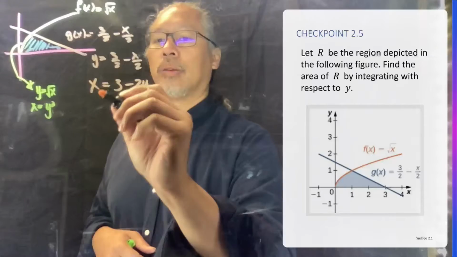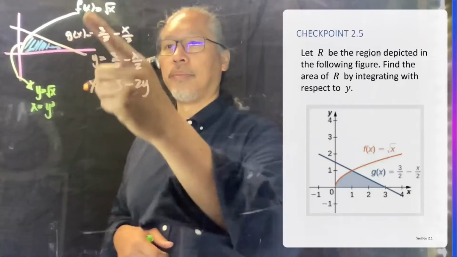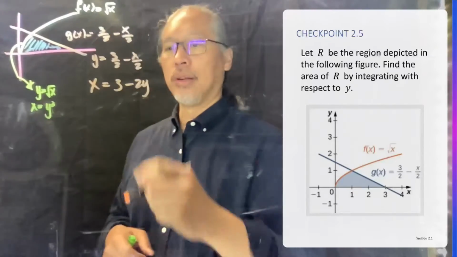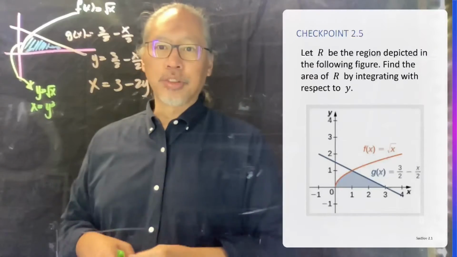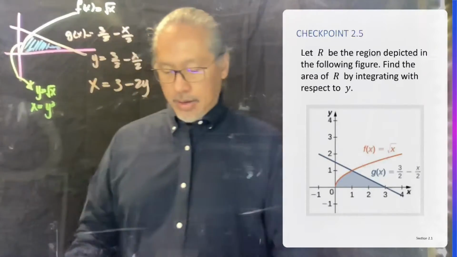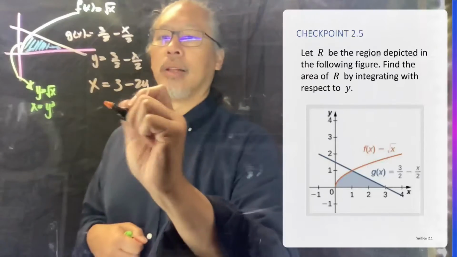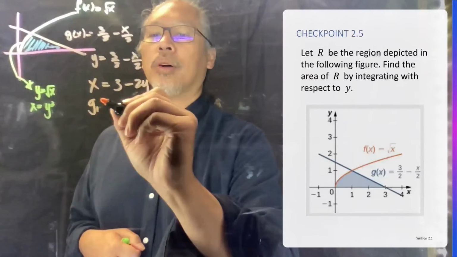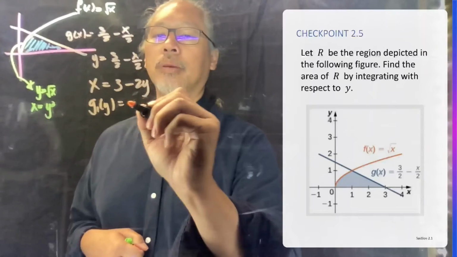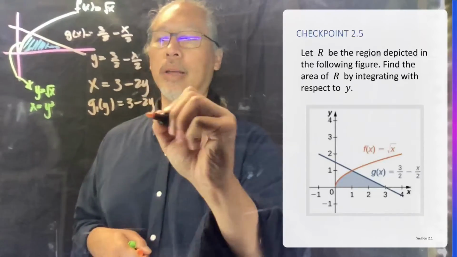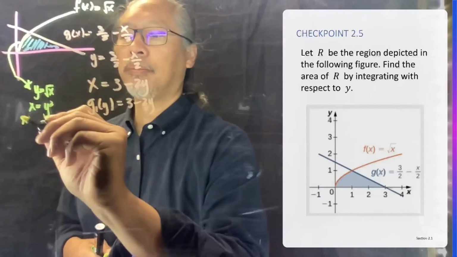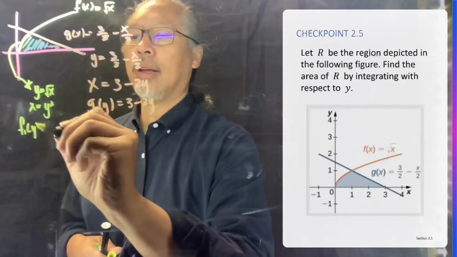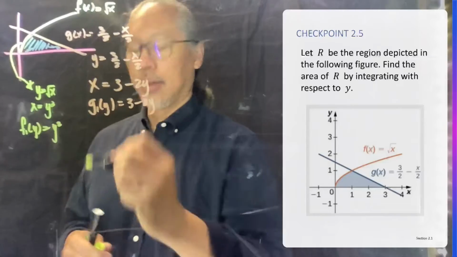So these are our two functions. We can call them f1 and g1 of y. But now we have functions of y. So g1 of y is going to be equal to 3 minus 2y, and the first one that we found we'll call f1 of y, which is y squared.